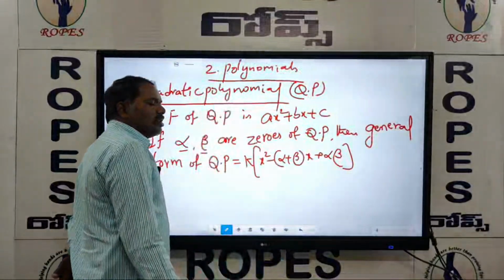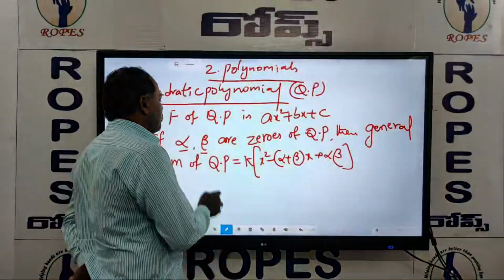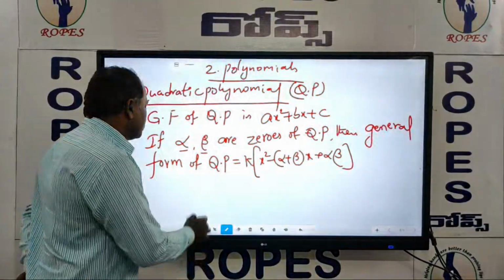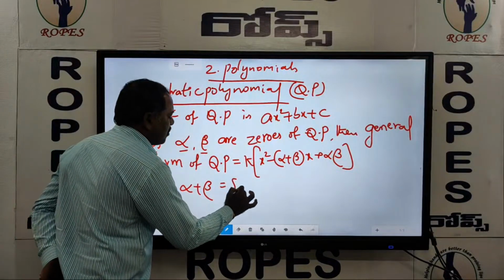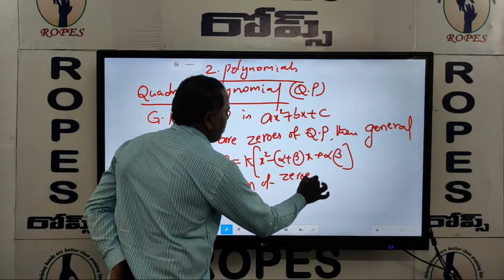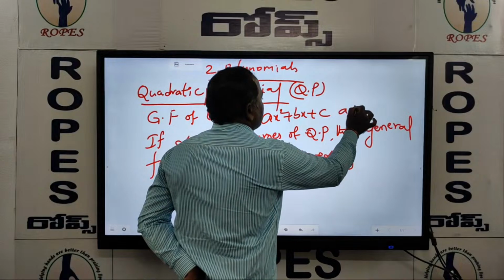Now this is the general form of the quadratic polynomial when alpha beta are the zeros of the quadratic polynomial. See here, alpha plus beta is equal to the sum of zeros, and the condition is k is not equal to 0.